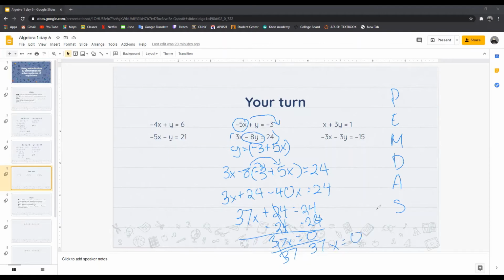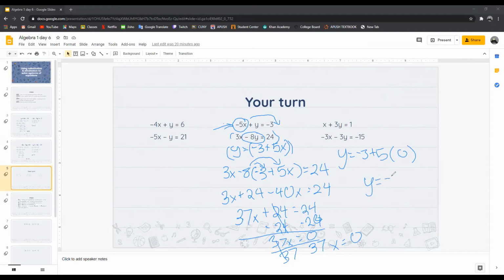And now to get your y value, again, we're just going to use the one that I made from this. So y equals to -3 plus 5, but instead of writing x, we will write 0. 5 times 0 will equal 0 plus -3.